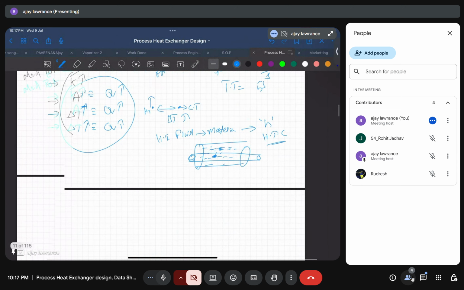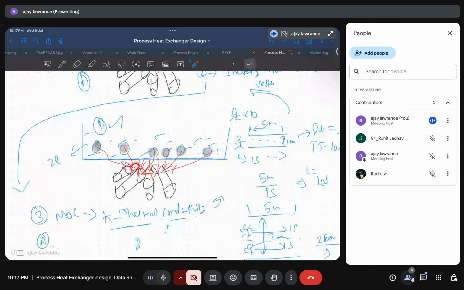Here the thing is, not all the heat from the flame will be transferred to the vessel. Only some of the heat will be transferred to the vessel, and some will go into the atmosphere as waste heat. For example, if 10 kilowatt of heat is produced and it travels to the vessel, nearly 20% will be wasted.